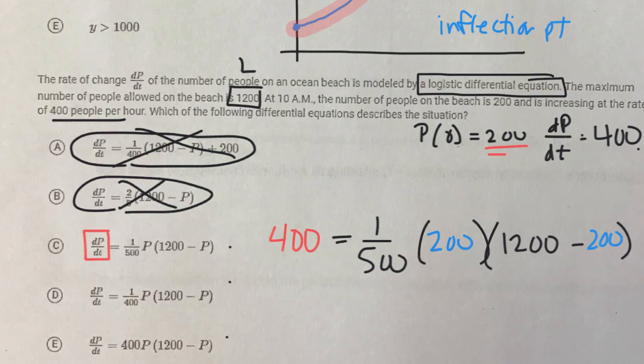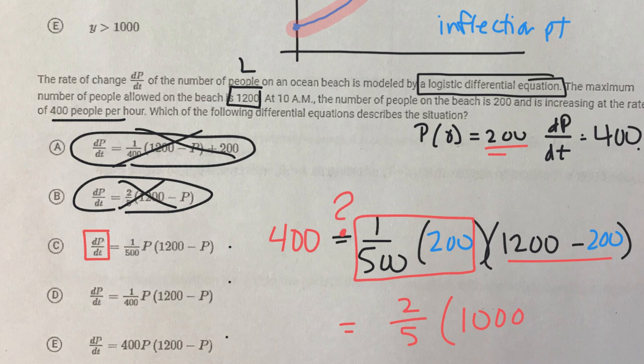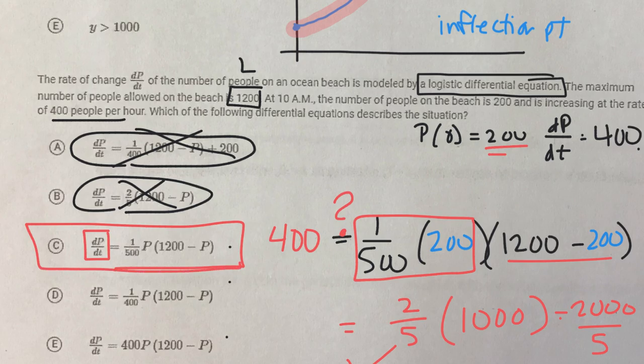That's the question. 200 times 2/5, and 1,200 minus 200 is 1,000. So 2 times 1,000 is 2,000, and 2,000 divided by 5 is 400. Sure enough, this one is the correct answer because when we plug in our two values, the left side equals the right side.